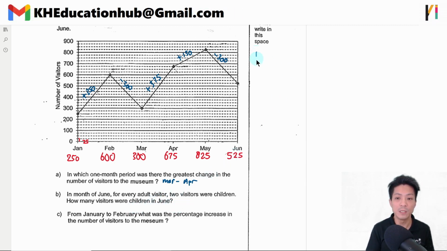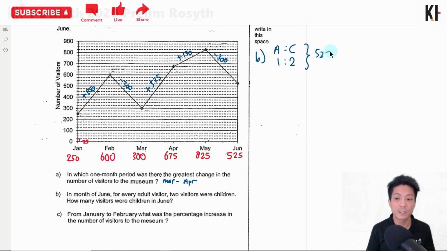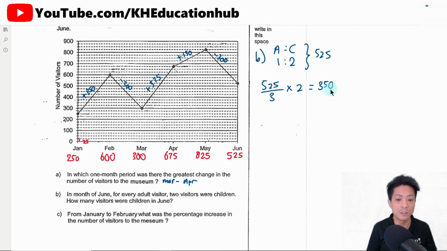For part B, since the ratio of adults to children is 1:2, and the total is 525, we do 525 divided by 3, and then times 2. So there are 350 children.